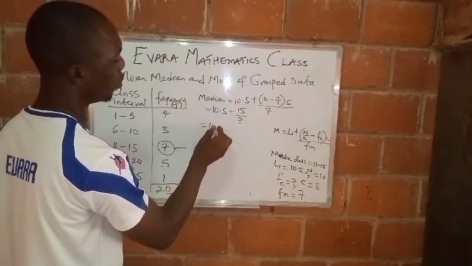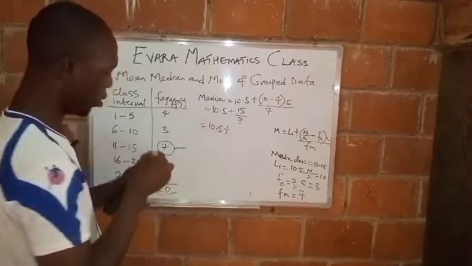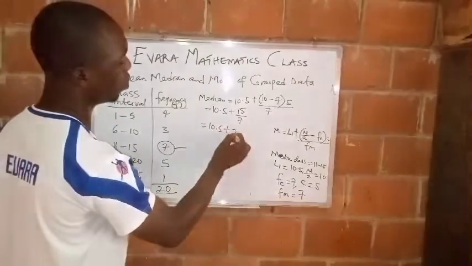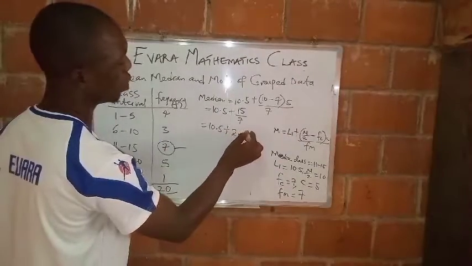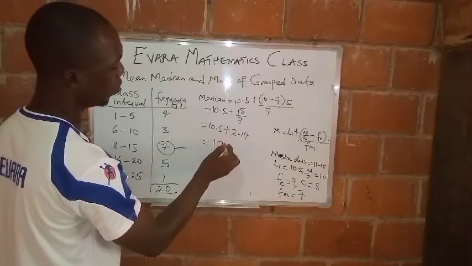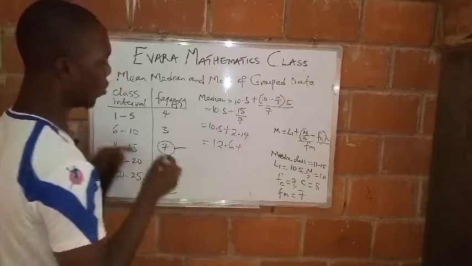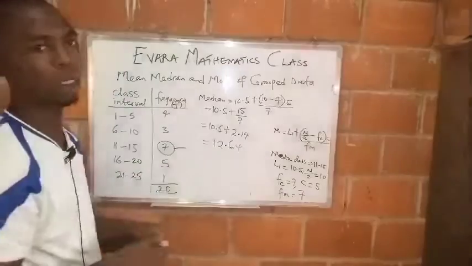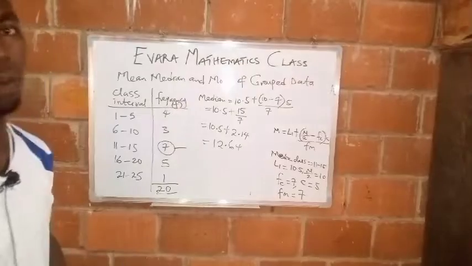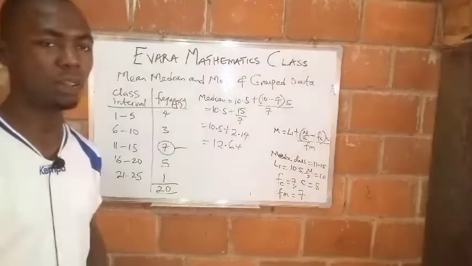So that is 10.5 plus, if you divide this 15 by 7, it's going to give you 2.14. If you add them together, we have 12.64. So this is our median. Lastly, we are going to find the mode in the next lesson. Thank you.